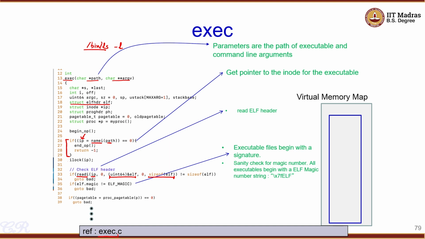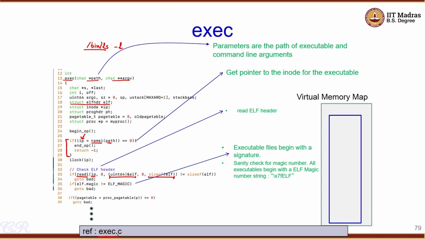Now, as we saw in the previous video, the ELF header comprises various components, the first of which is the magic number, a string which uniquely identifies that this file is an ELF file.